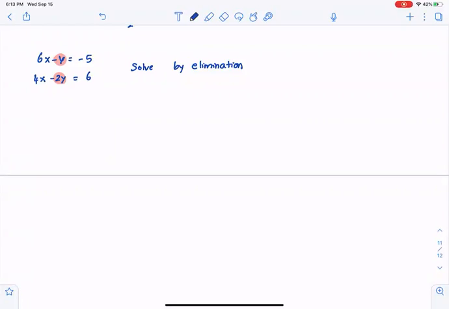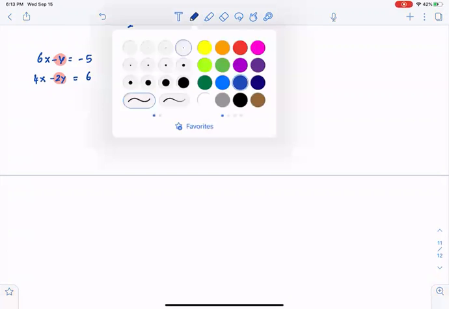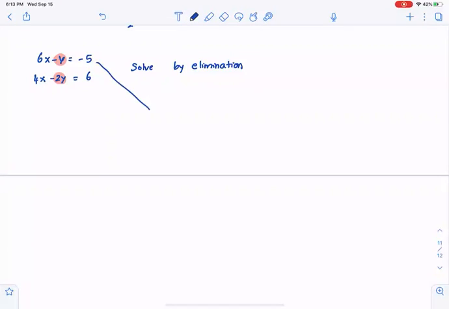So I'm going to multiply the first equation by 2. So I will get 12x minus 2y equals minus 10. The second equation, I'm going to keep as is. 4x minus 2y equals 6.